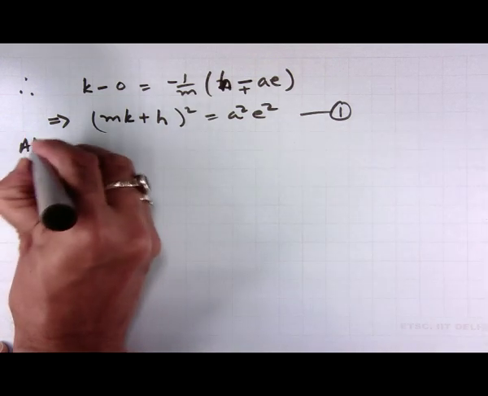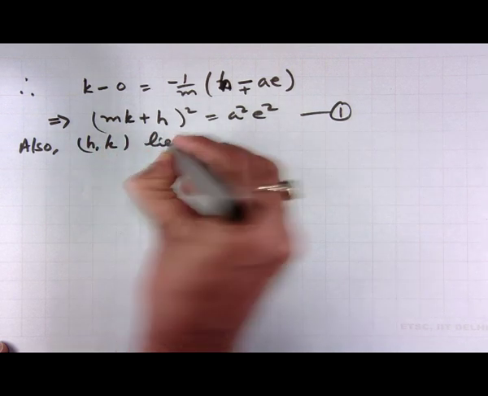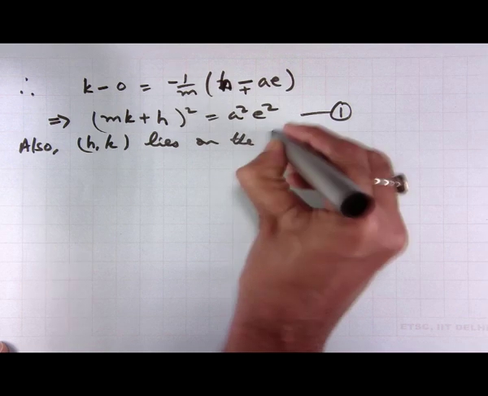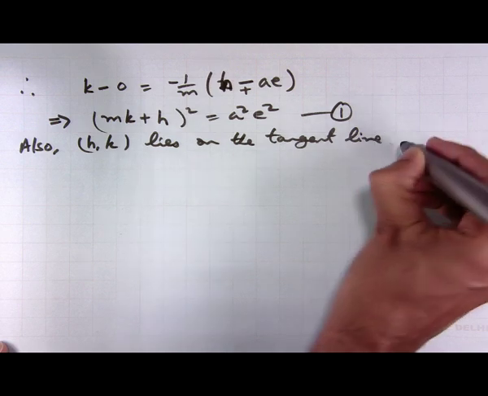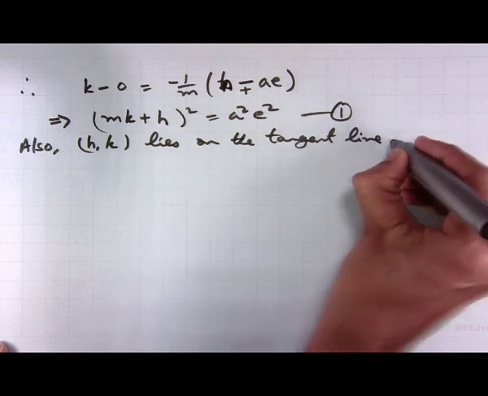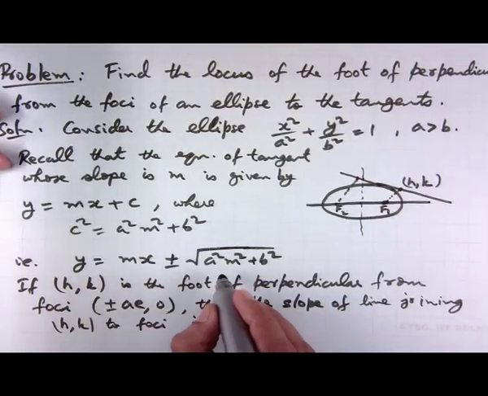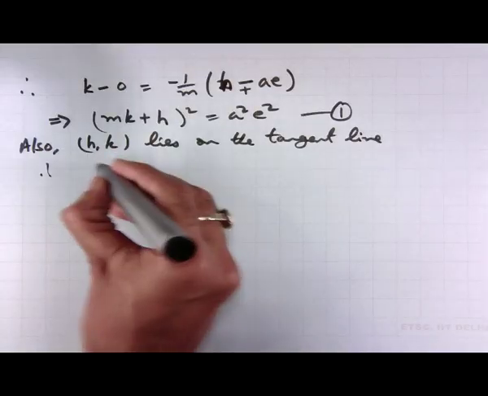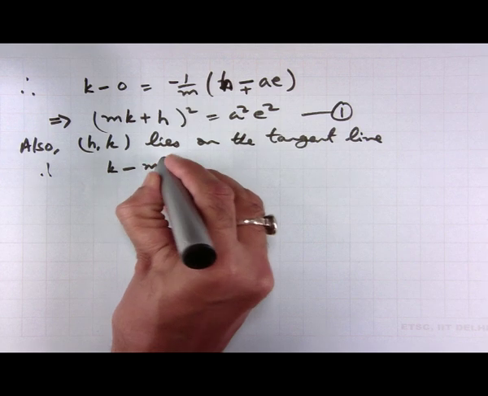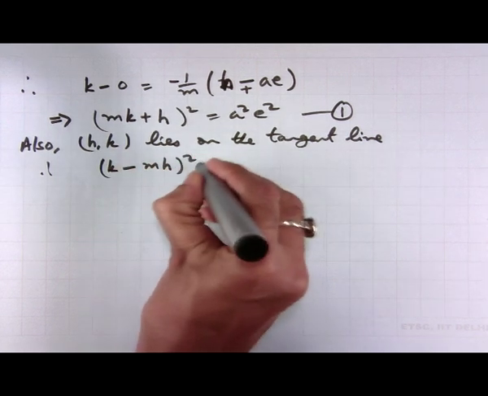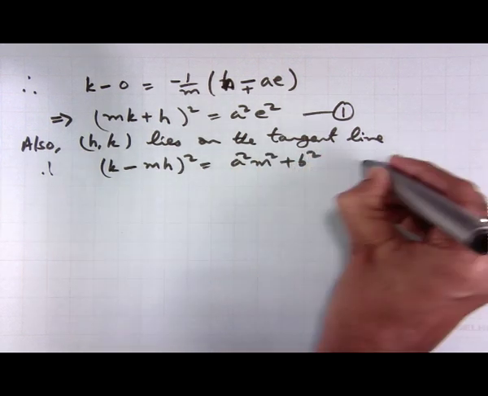Also, h comma k lies on the tangent line, therefore, we had the equation of tangent line is this. So, k minus m h square is equal to a square m square plus b square. This is equation 2.